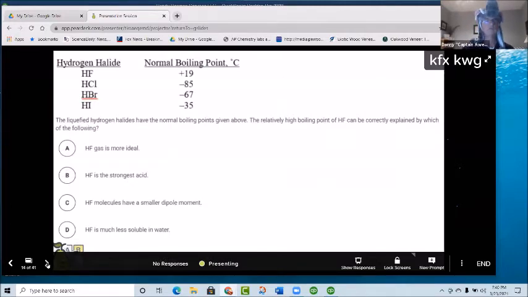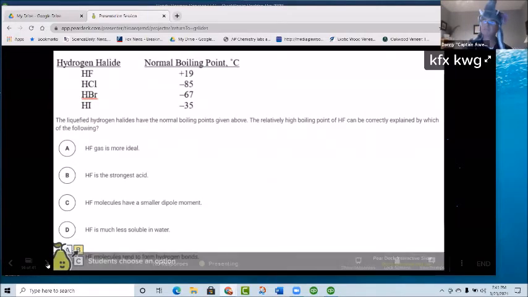All right, so here's another one. And again, this is based on data. So see if you can pick an answer that reaches out, says, yay, that's great. Choose an option of which one do you think is the best answer. The last one, sorry. Answer E is HF molecules tend to form hydrogen bonds.